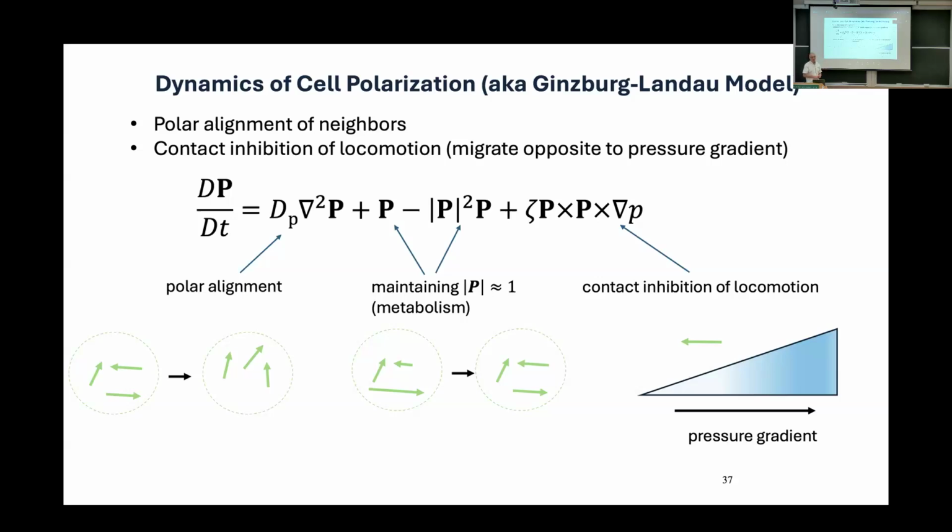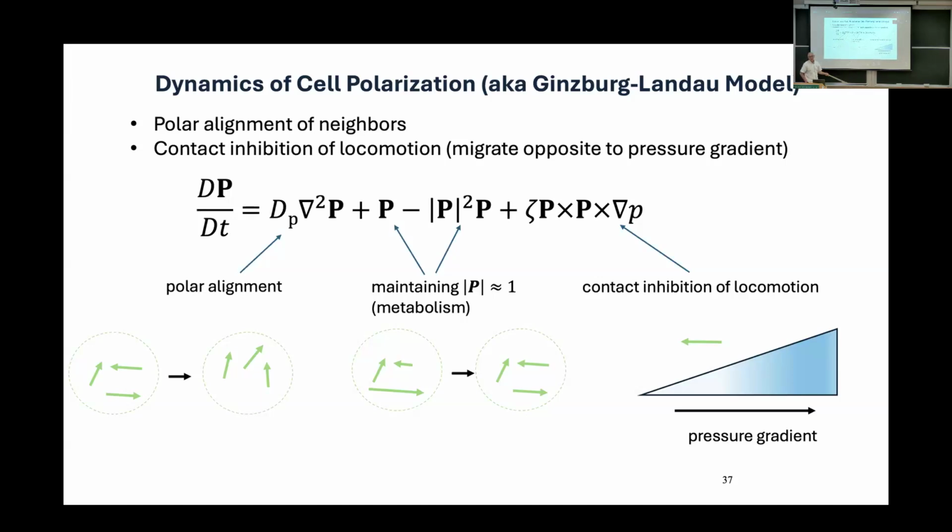It's the classic equation for polar active matter. This includes advection, so it couples to the velocity. This term accounts for cell-cell alignment. If you have neighboring cells, the orientation wants to be the same. For example, if you have cells aligned in different directions, the diffusion would make them align in the same direction.